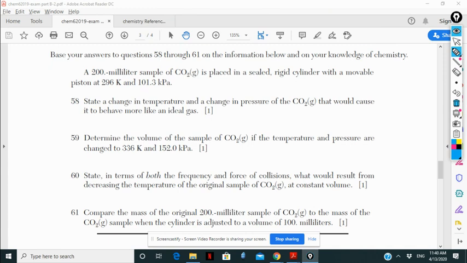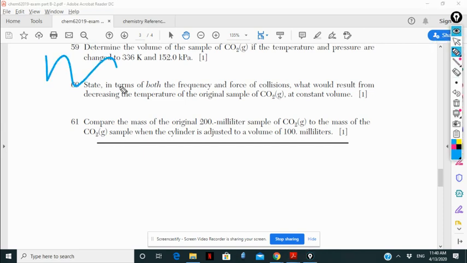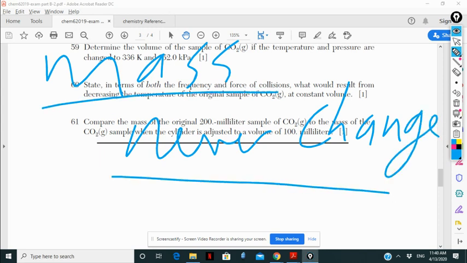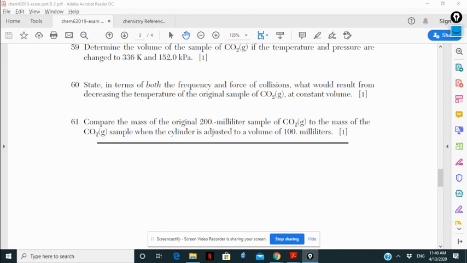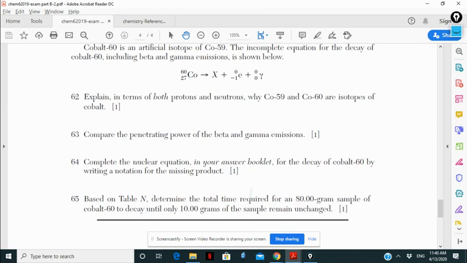Compare the mass of the 200 milliliter sample to the mass when the cylinder is adjusted to a volume of 400. Okay, mass, here is a rule: mass never changes. So the mass is always the same. That's the last question now.